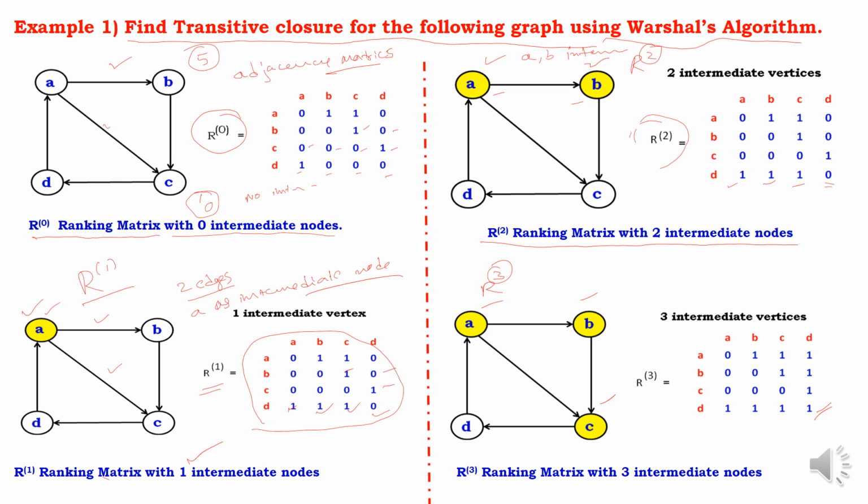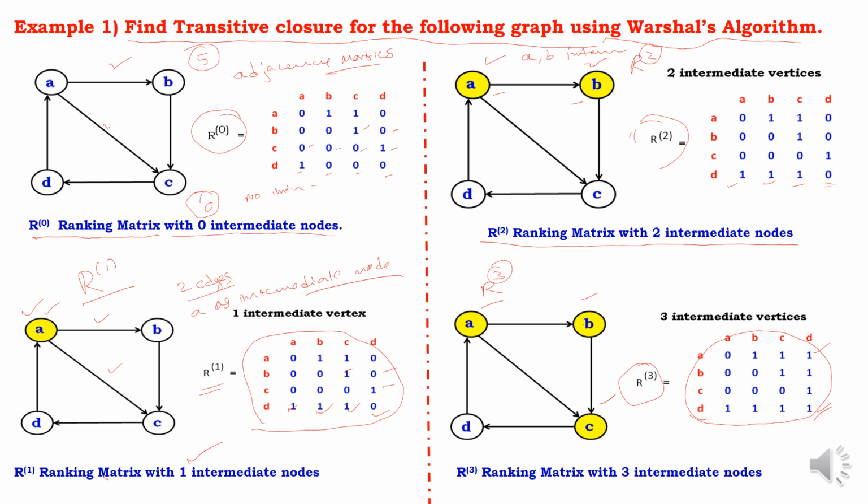A to A, 0. A to B, edge. A to C, because this can be acted as an intermediate node, there is a path. A to D, with A, B, C, all three can be acted as intermediate vertices, so there is a path from A to D. A to D is also 1. So this is the matrix mentioned as ranking 3.